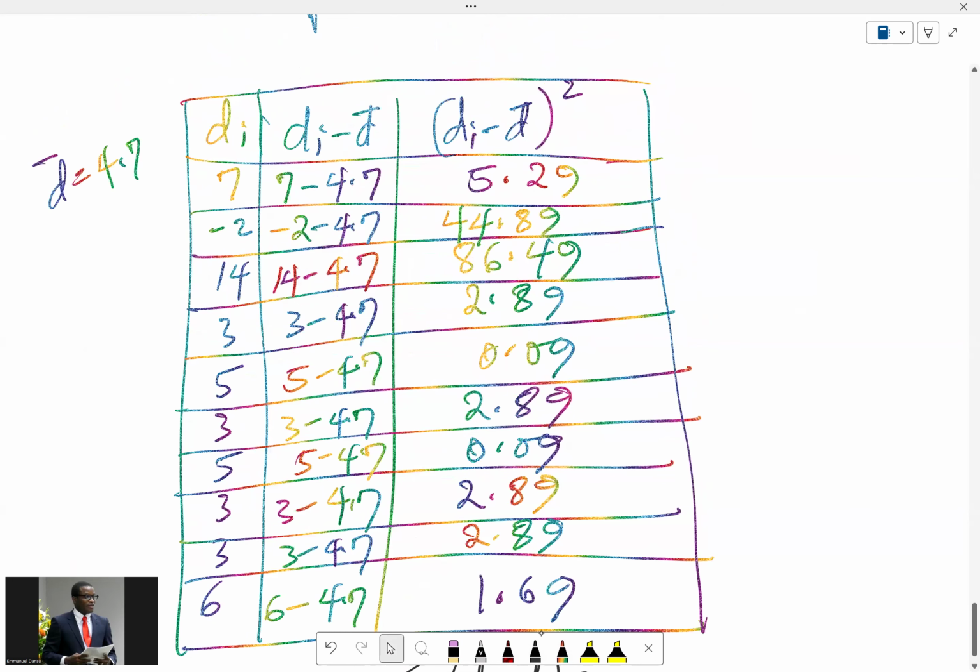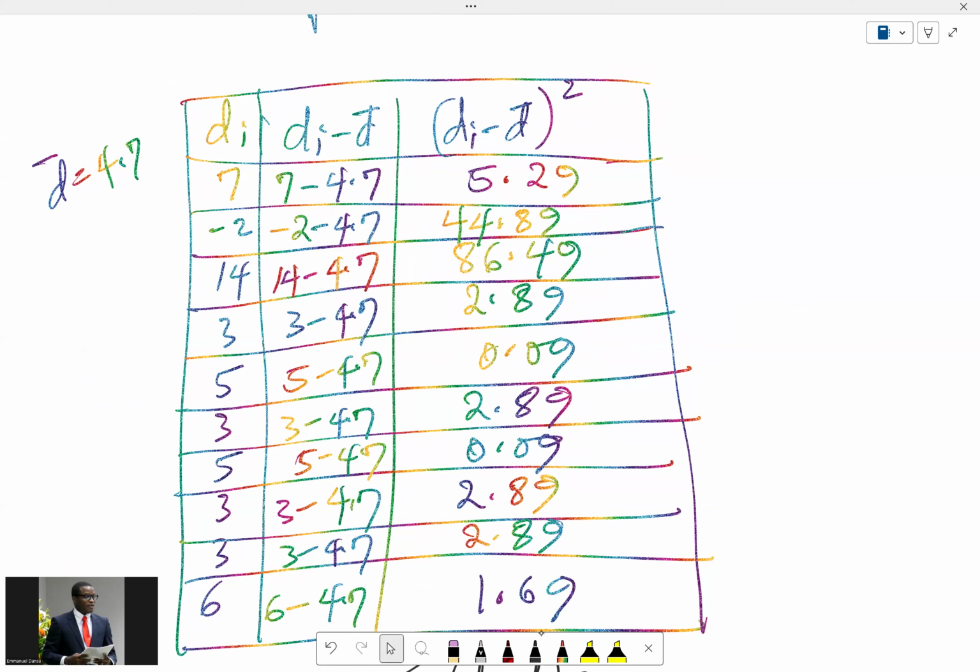We have 5.29 plus 44.89 plus 86.49 plus 2.89 plus 0.09 plus 2.89 again plus 0.09 again plus 2.89 plus another 0.09.